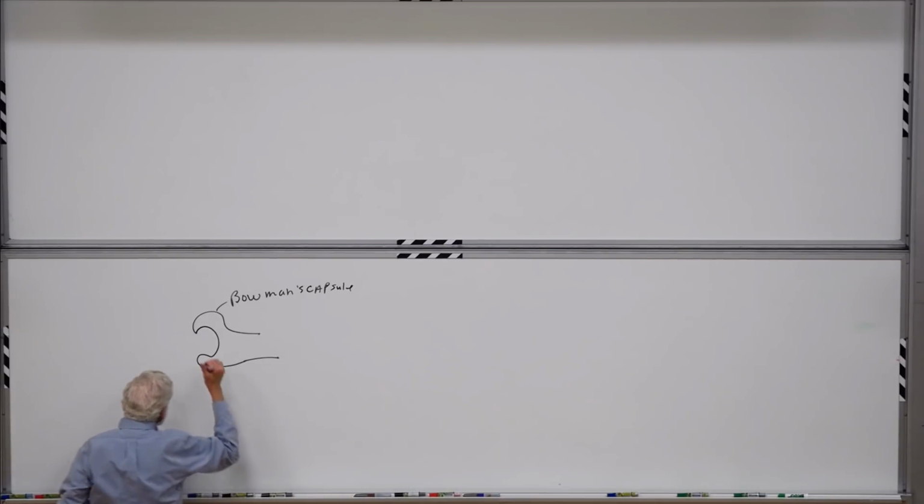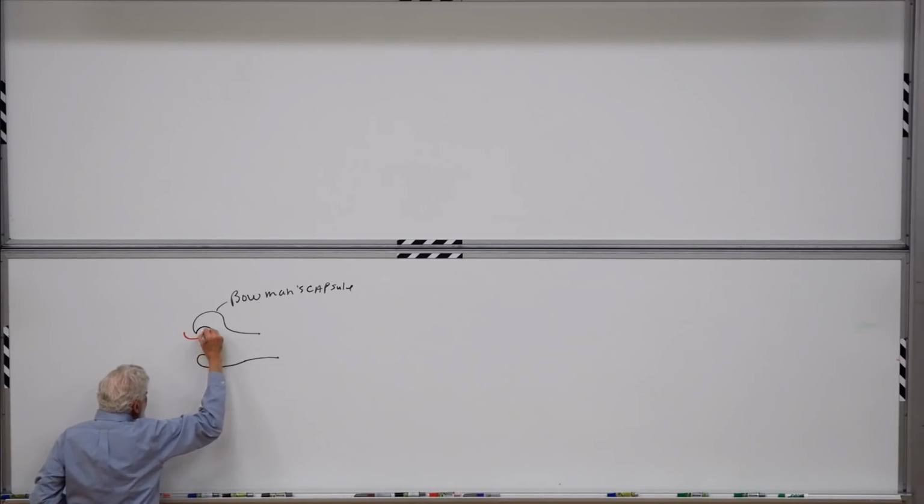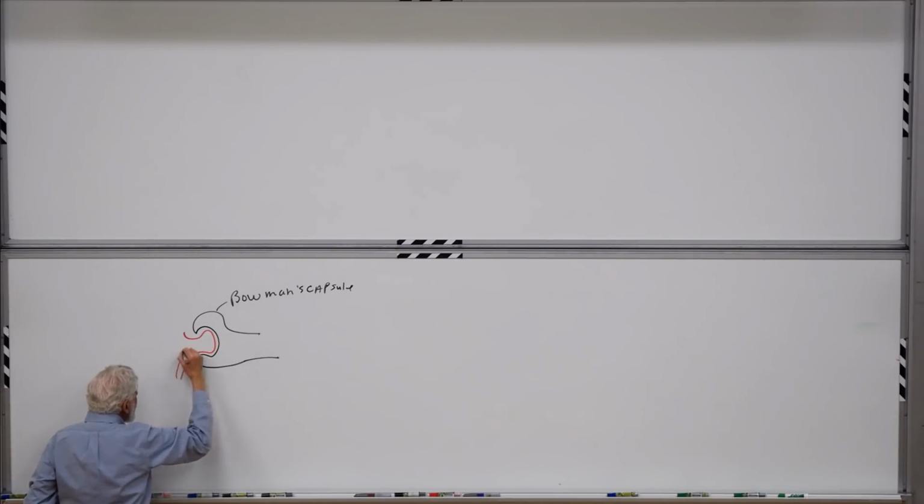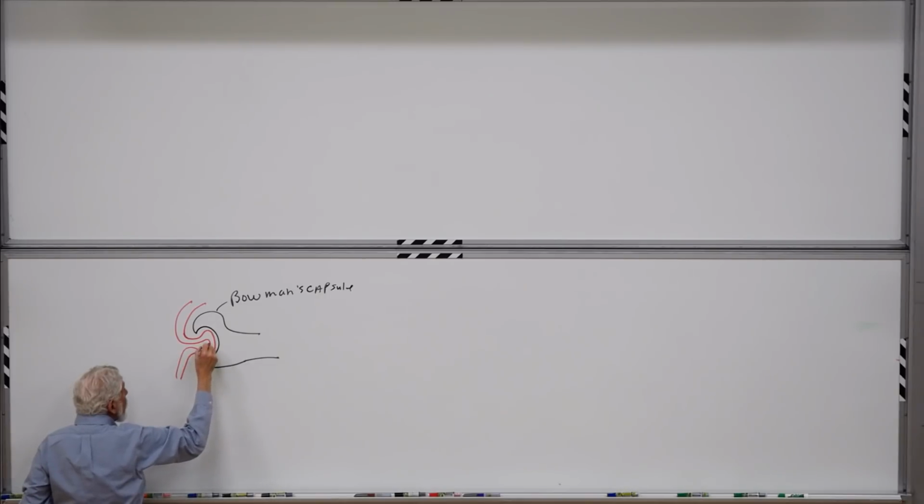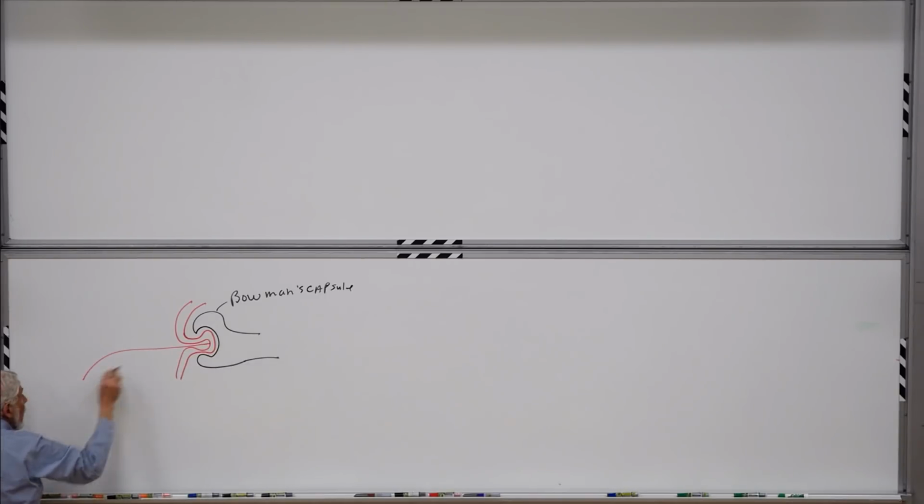And nestled within that cup-like structure, I'm going to show a single sort of oxbow in the blood vessel. But this oxbow is meant to represent the so-called glomerular capillary.